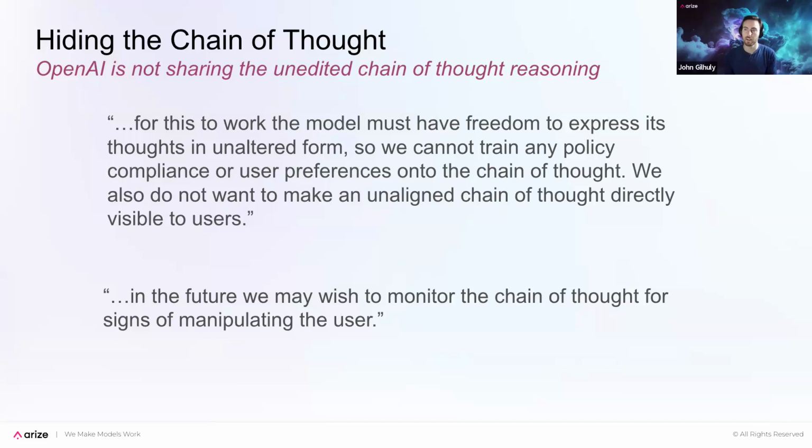It's a little unclear right now whether they're using a separate model to modify the chain of thought output and make that available for users, or another version of the same model, or if the actual chain of thought is translated into something that's useful for users and a little bit more sanitized. So what you see when you use the model isn't actually the unaltered chain of thought. It's just a sanitized version of it.